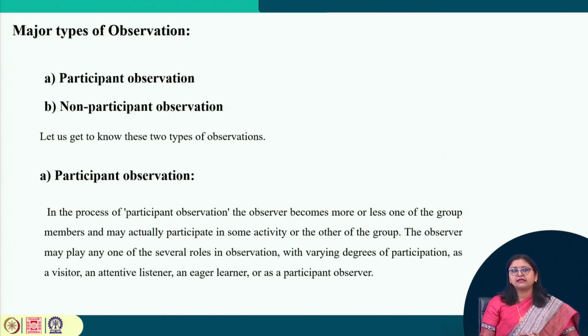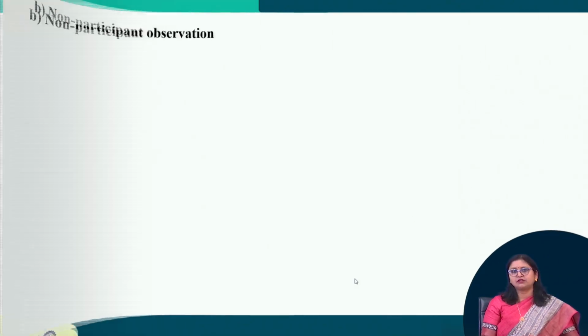The observer may play any one of several roles with varying degrees of participation, as a visitor, an attentive listener or eager learner, or like a family friend, a neighbor or a distant relative. This kind of role play they do for their research.